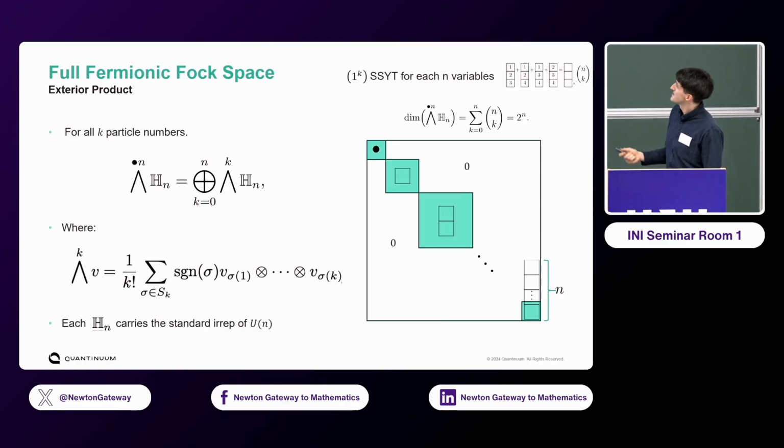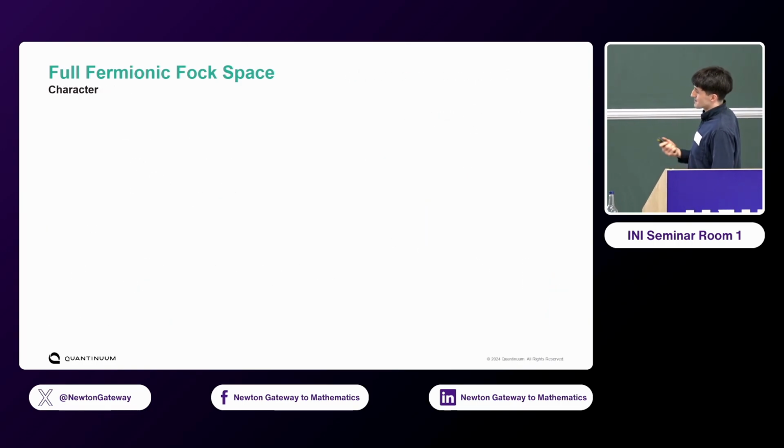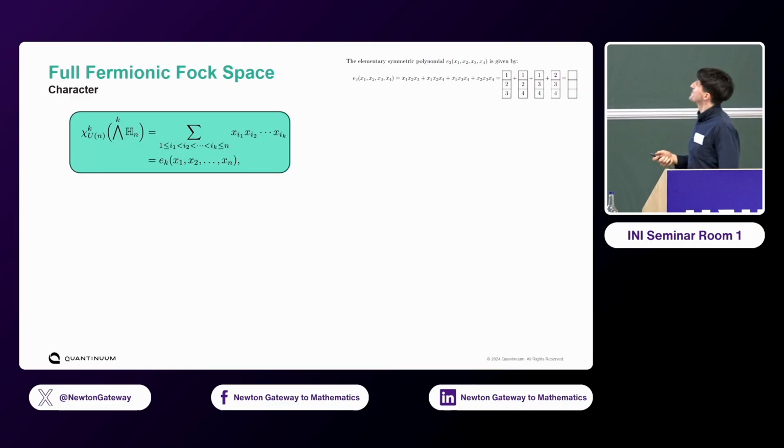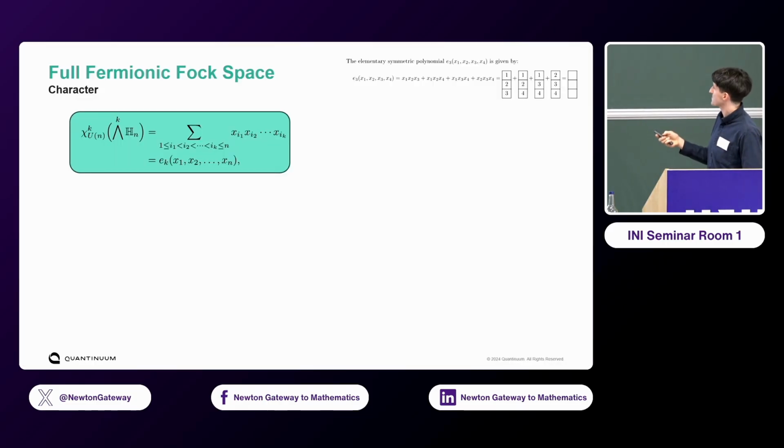Now, this is obviously for spinless fermions. But what this is showing is that the character of each one of these antisymmetric k-particle subspaces, because this is an antisymmetric representation, is given by these vertical Schur polynomials, which are very special Schur polynomials called the elementary symmetric polynomials.